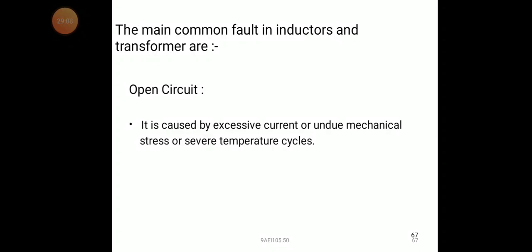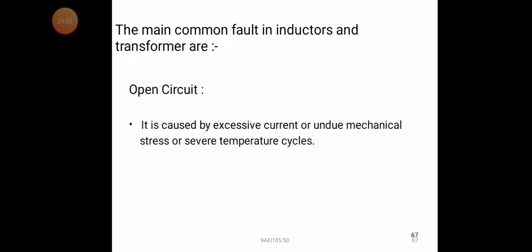If excessive current flows through the winding, it may damage the inductor, so it may act as an open circuit.